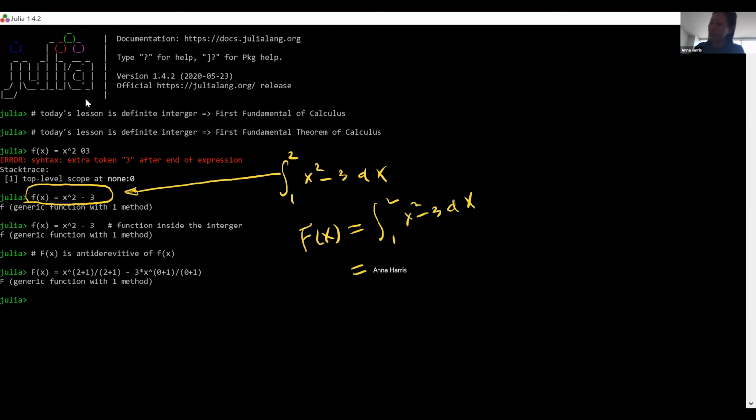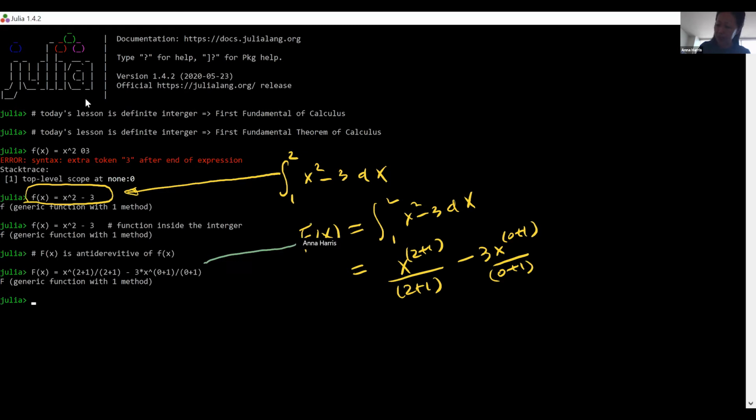That gives me x to the 2 plus 1 divided by 2 plus 1, minus 3 times x to the 0 plus 1 divided by 0 plus 1. That's what I have, right there.